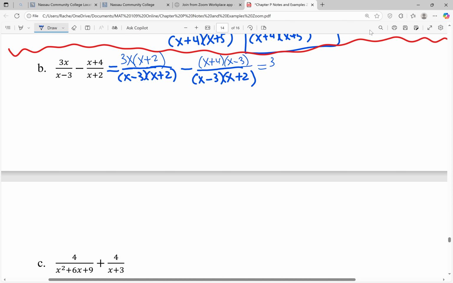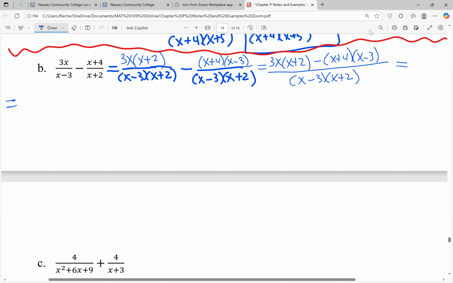So we're going to have 3x times x plus 2 minus x plus 4 times x minus 3 divided by x minus 3 times x plus 2. So let's distribute and combine like terms in the numerator, and I'll continue on the next row.